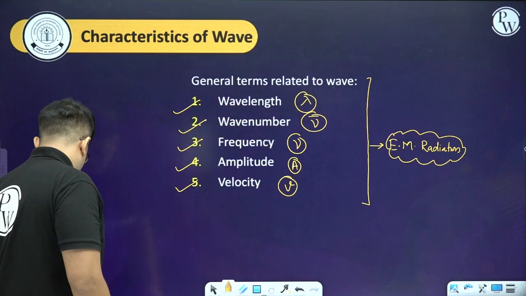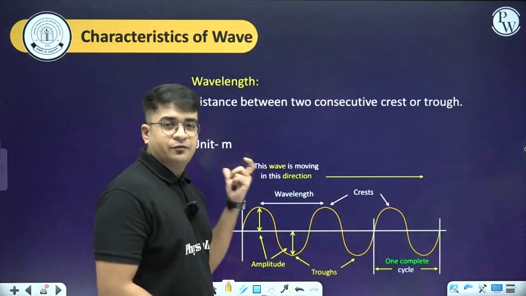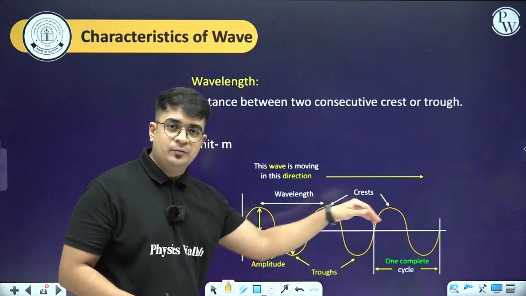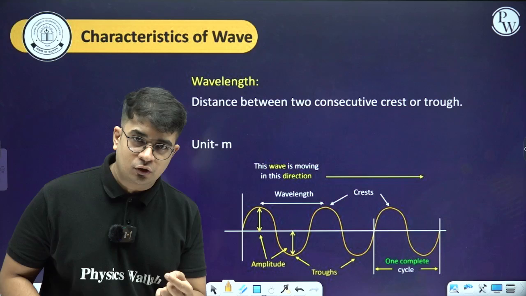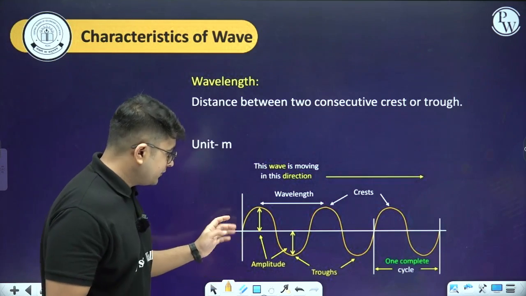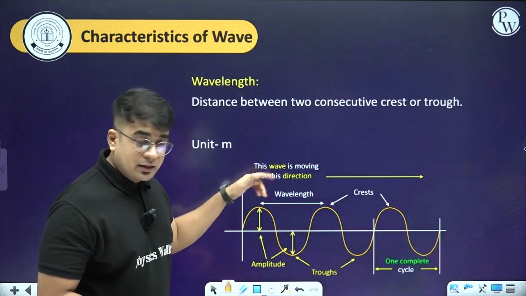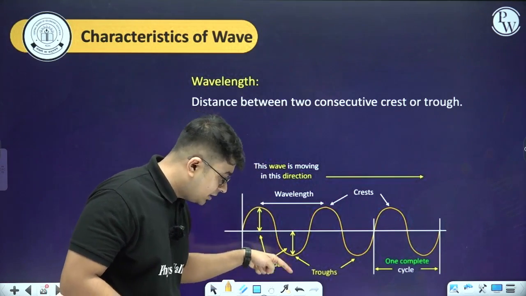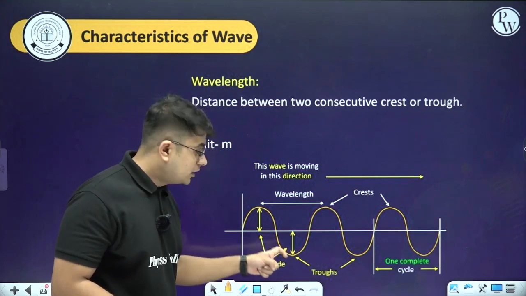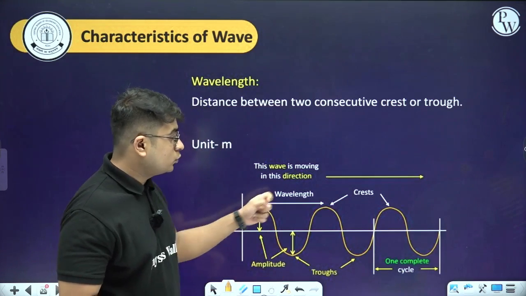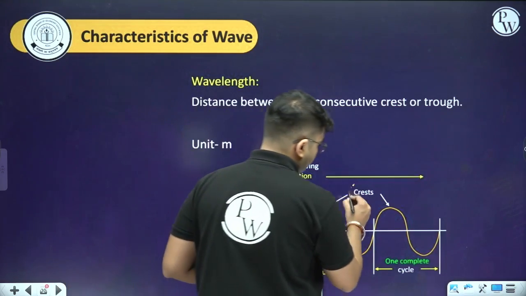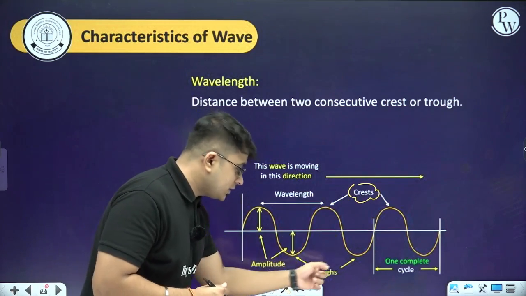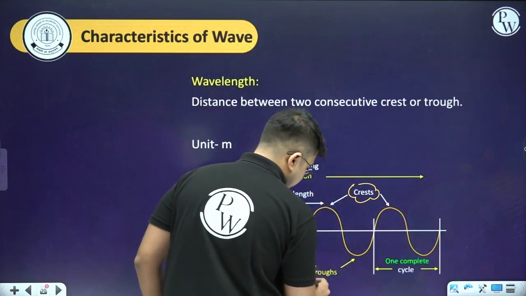Okay, now the first term is very easy: wavelength. If I'm talking about the movement of a particular wave, we don't know the origin. The wave goes to a maximum peak and then moves towards a minimum peak. The maximum portion is known as a crest in the case of a moving wave, and the lowest peaks are known as troughs.